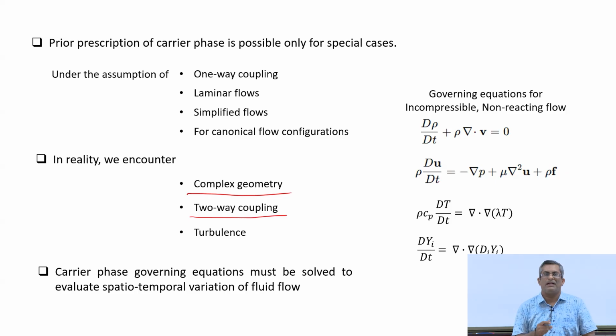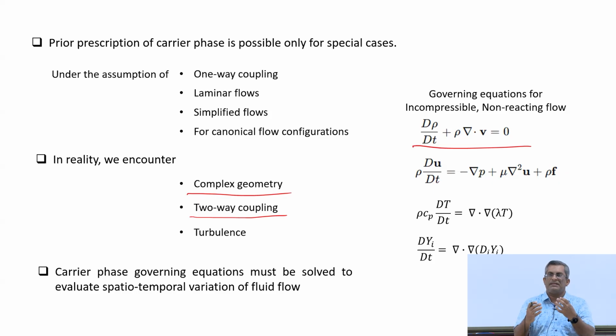The answer is no, unfortunately. Why? Because the particles would now influence the flow. For example, in droplet evaporation, the particles evaporate and add mass to the carrier phase, so that effect must be accounted for in the continuity equation.